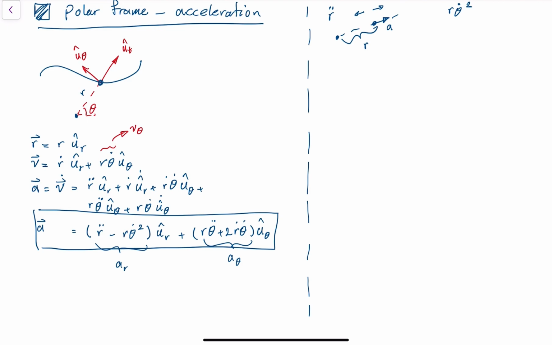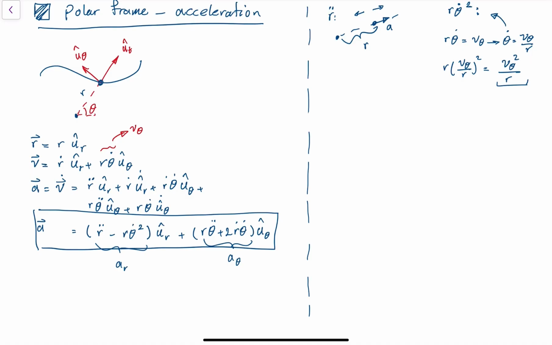So you can write: r theta dot was v theta, or theta dot is v theta over r. Now substitute this in that, you have r v theta over r squared, or v theta squared over r.